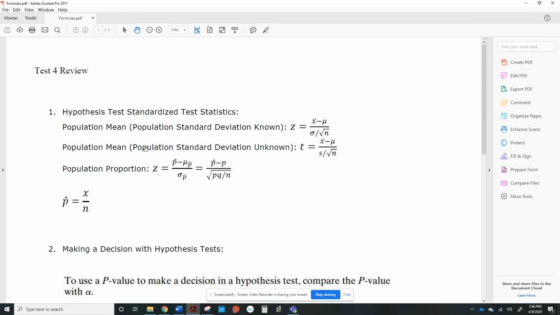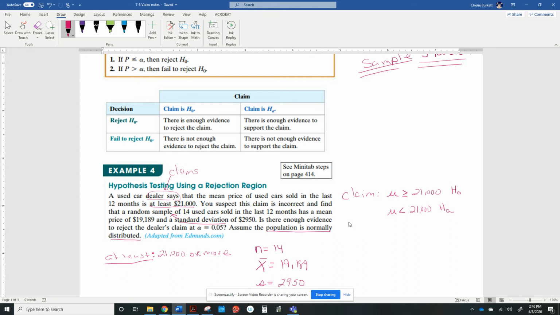So here's the population mean right here. You find the test statistic. There's the formula for the test statistic. You find the value of t, and like I said, you can calculate it by hand. So t is equal to x bar minus mu divided by s divided by the square root of n.